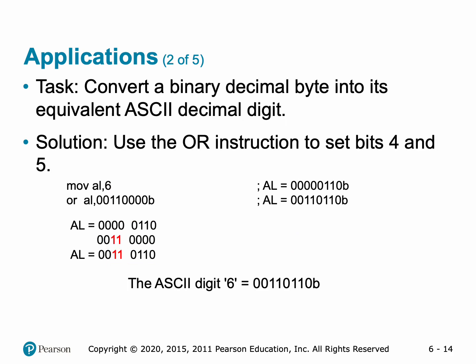Okay, in this slide, we're going to convert a binary decimal byte into its equivalent ASCII decimal digit. So the number 6 is written like this in binary. Remember that if you're converting a binary to a decimal, position 0 has a value of 1, because it's 2 to the power of 0, which is 1.